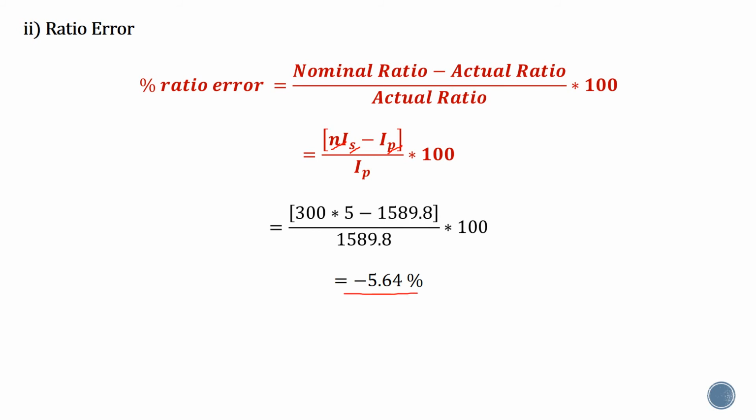We can also calculate the ratio error from the other formula, that is Kn minus R divided by R multiplied by 100. Here the Kn value will be equal to 300 and the R value can be taken from the previous part.